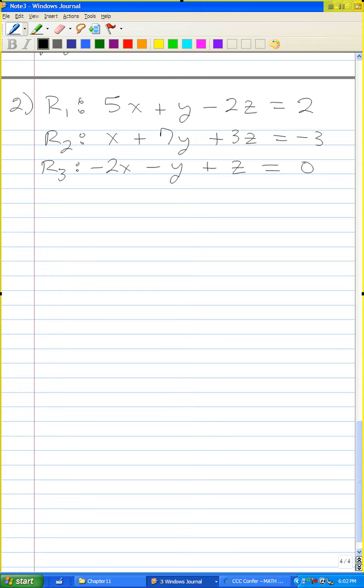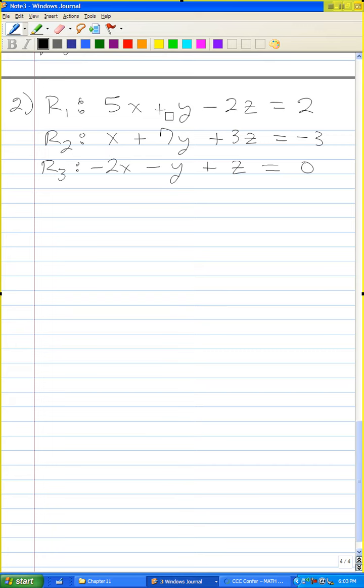Okay, so the first thing you have to determine is what variable you want to keep and which ones you want to eliminate. So I should see what variables have ones in front of them. I want to keep those. Well, actually, this has got a 1, that has a 1, and this has a 1. So it doesn't matter. I could either keep x, y, or z because they all have 1s in front of them. So now the default is to look at, well, which ones are easier to eliminate. And so in this case, I have a 5 and a 2, not as easy.